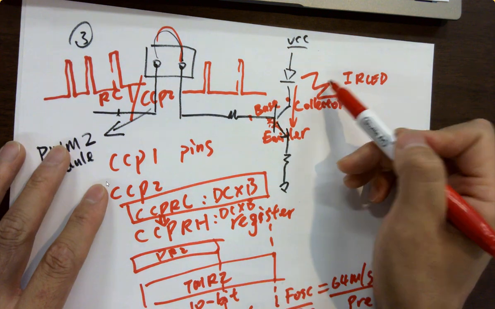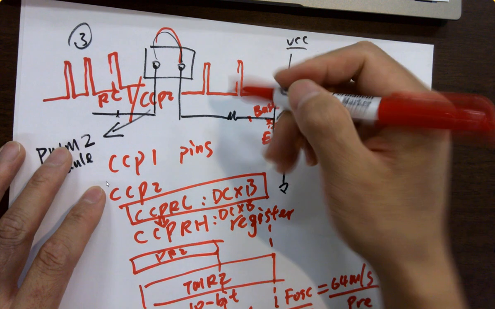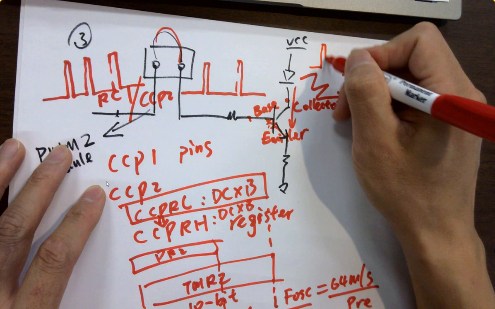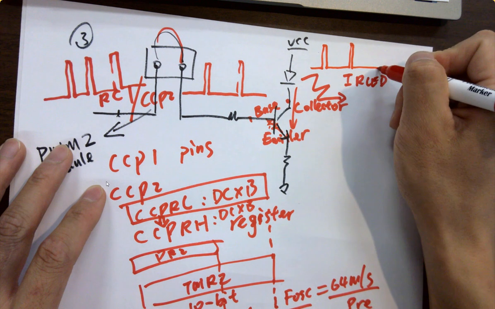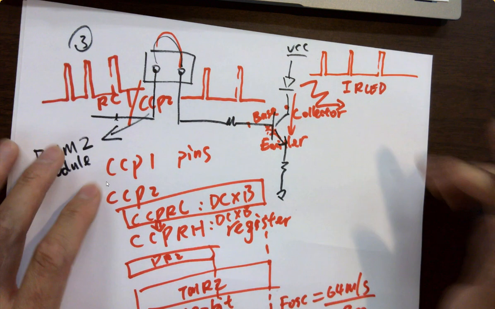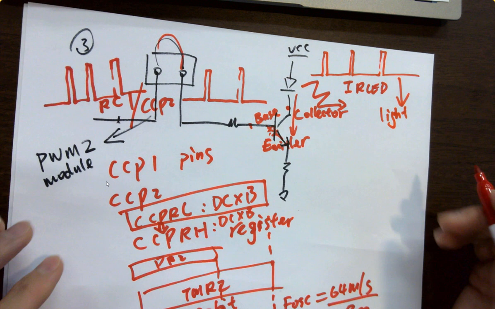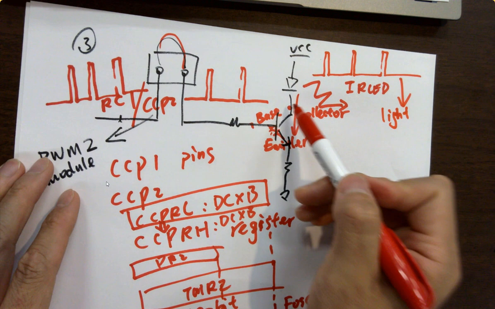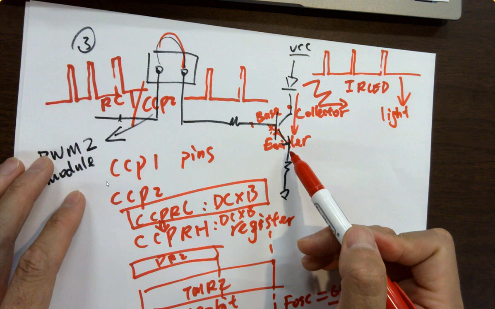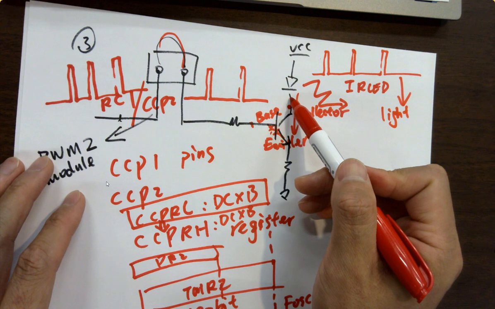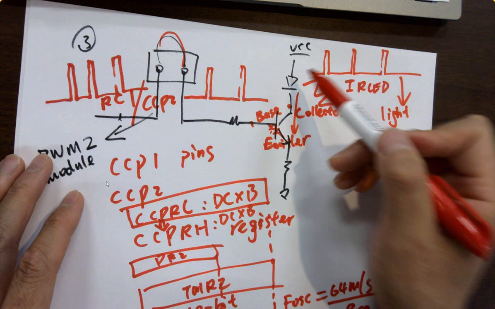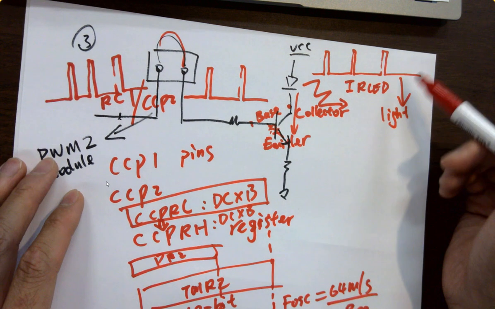So that's why this IR pulse is going to follow this pattern, right? And this is light. Keep in mind, this is light. You are not able to probe it. You can probe the electrical signal probably here. It's going to be inversed, or here, I don't know. But anyway, it's going to emit a light pulse like this.